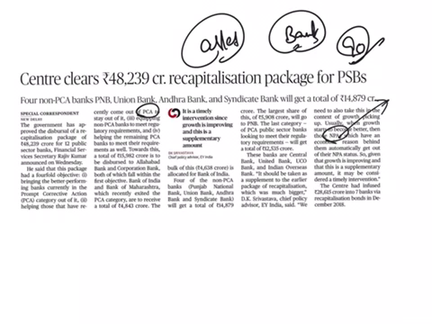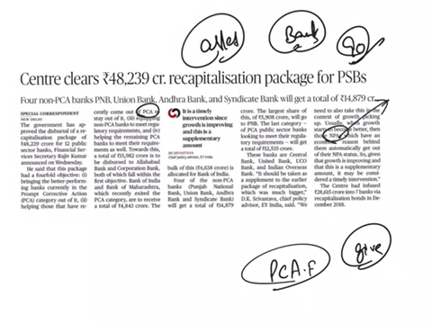So the government is aiming to recapitalize the troubled public sector banks that are restricted to give loans after falling under the Reserve Bank of India's Prompt Corrective Action Framework. So, what is this Prompt Corrective Action Framework? These are the corrective actions that will be imposed by the regulator.